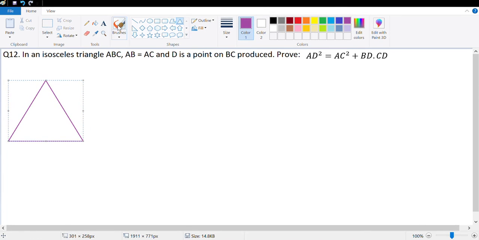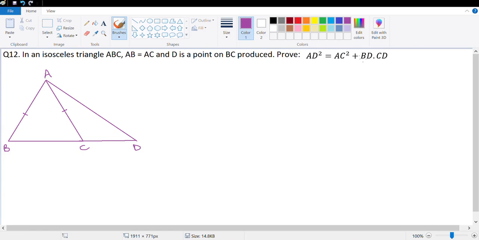So this is an isosceles triangle, A, B and C. These two are equal. Next, they are asking us to produce BC towards C, and this point is D. So let's join A with D as well.